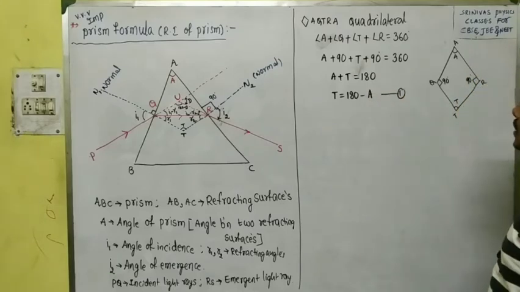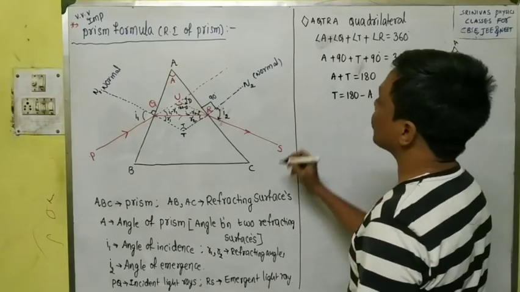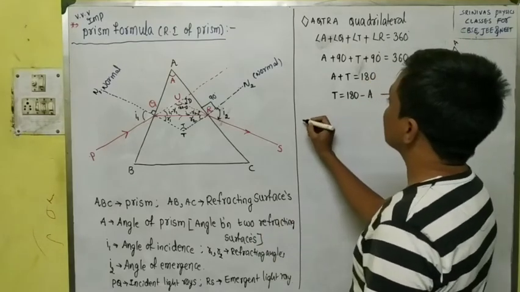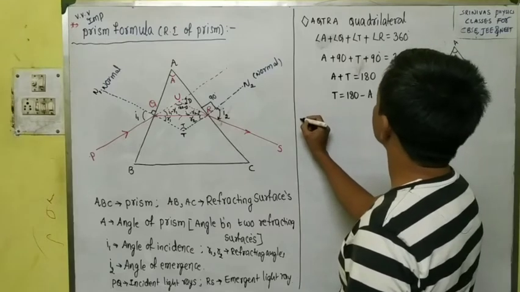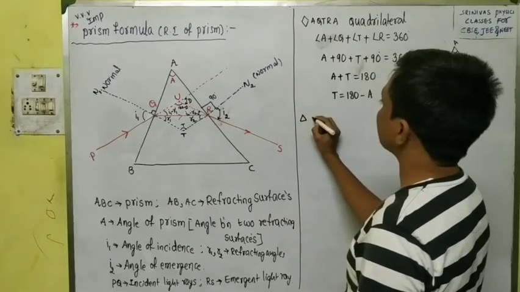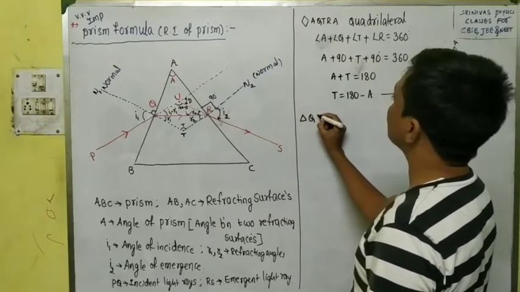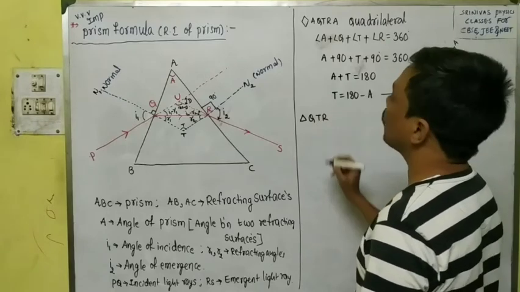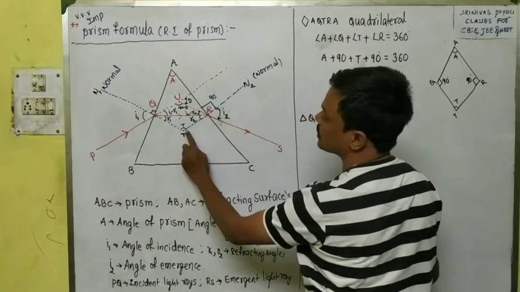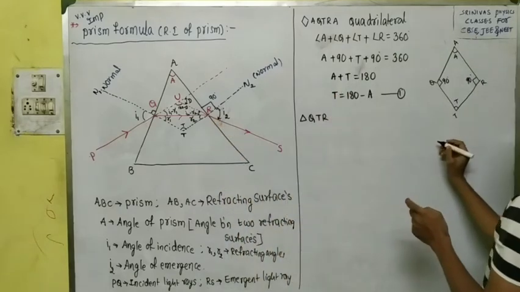Now next we will take one more triangle, that is triangle QTR. How is it there? You see, this is Q, this is T, this is R. This triangle will be like this.